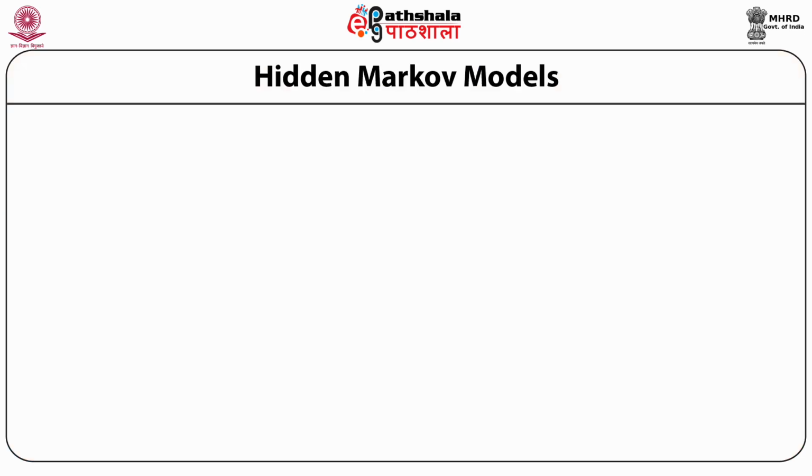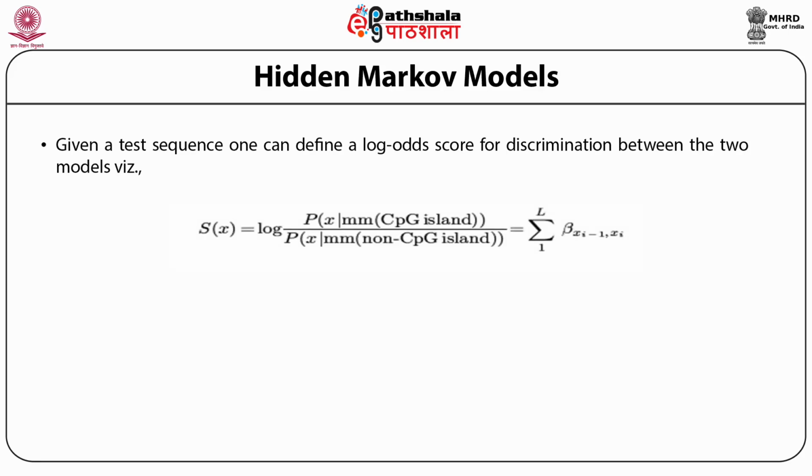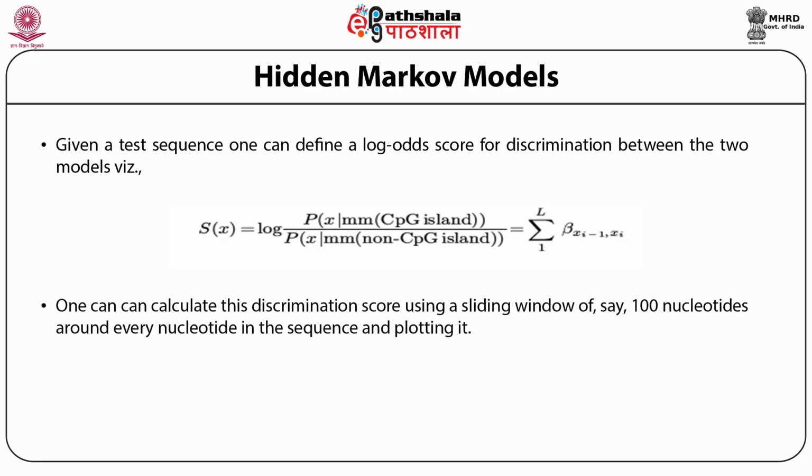So again, let me reiterate. Given any test sequence, we run it through two separate Markov models, one for CpG islands, one for non-CpG islands, take the log odds score and get this log odds score S. And one can then use this discrimination score in a sliding window of say 100 nucleotides and then plot it, and whenever this discrimination score is higher than a certain threshold, we claim that this is a CpG island.